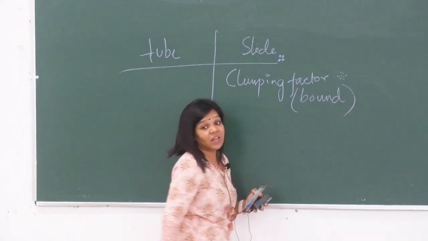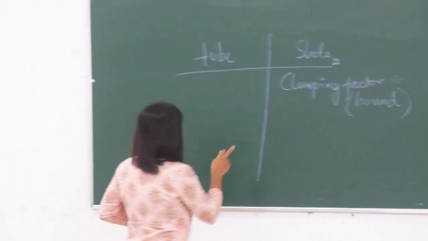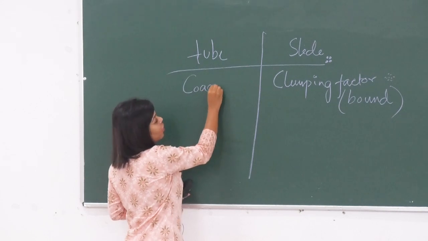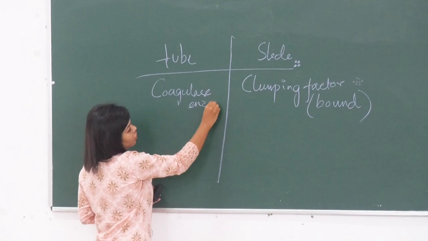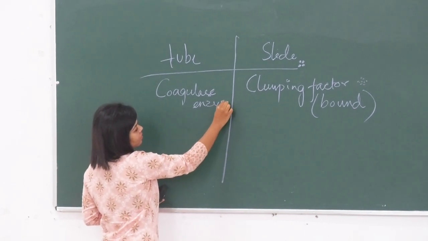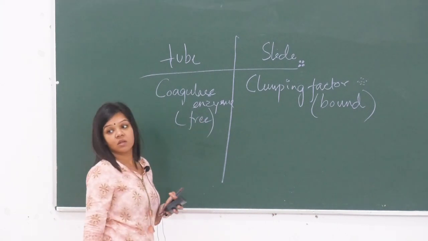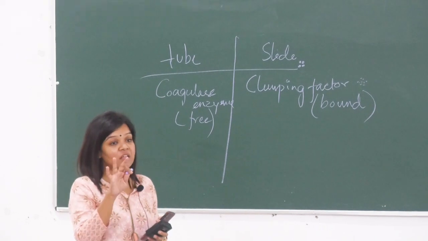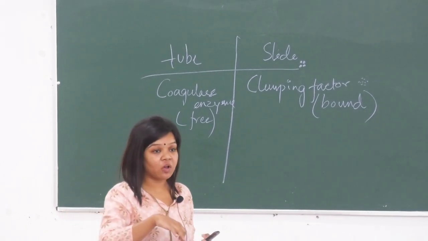This thing is very easy to get confused, and tube coagulase is caused due to coagulase enzyme, which is also called free coagulase. Okay. So clumping factor is present on the cell membrane of a Staphylococcus.